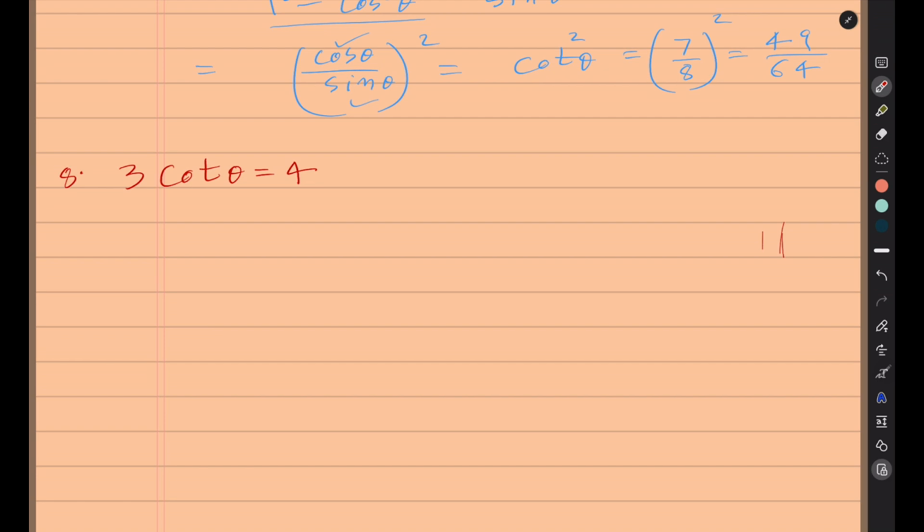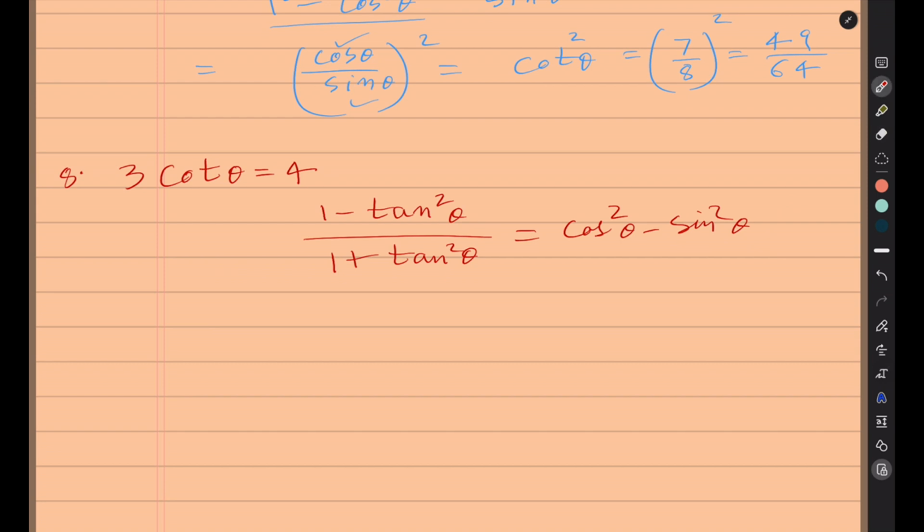Then it is asking us to check if 1 minus tan square theta divided by 1 plus tan square theta is equal to cos square theta minus sine square theta or not. So are they equal or not? This is to be verified.